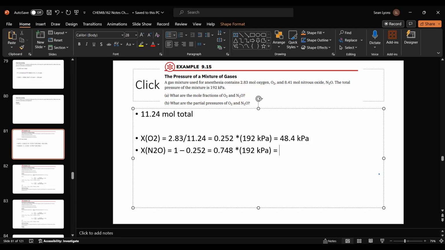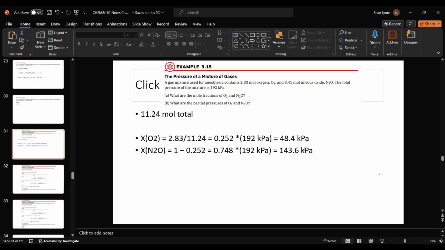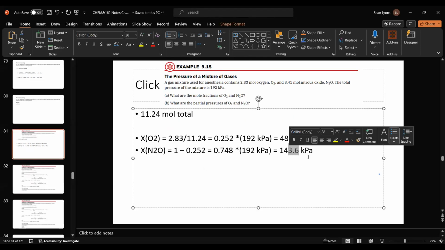And again, we could just subtract that number from 192, or we can just do the same multiplication, like 143.6 kilopascals. So either way, we'll get to the same. And then hopefully that's the same thing that the answer has, oh, this should be 144 since we only have 3 sig figs.